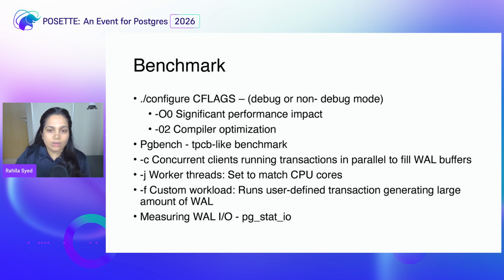So let us look at the benchmark that I've run to profile the wal sender and the wal receiver. The slide shows the details of the benchmark, and the configure flags used to compile Postgres are shown on the screen. We use O2 for compiler optimization, which improves the performance of the Postgres cluster.